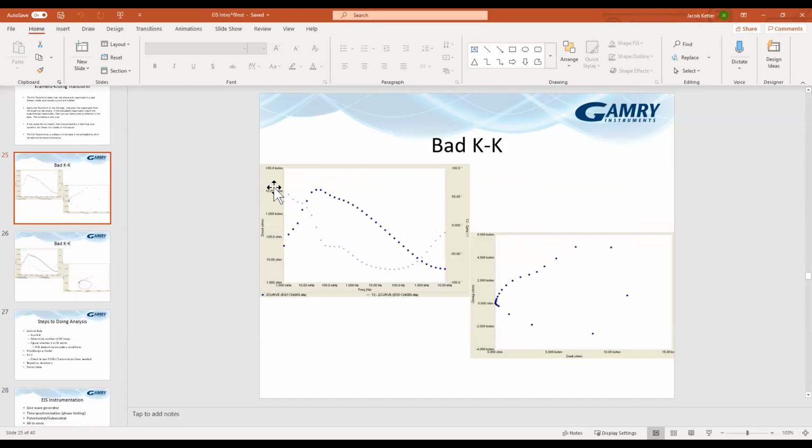But more commonly, low frequency noise is due to changes that we see. A lot of this comes back to this bad KK. So when you get down to low frequency, there are a few things. One is you're a lot more likely to have a nonlinear response if your signal is too large. And that nonlinear response can look like noise because the way that it patterns around, it may average out to slightly different impedance values, especially if you're looking at the Lissajous.